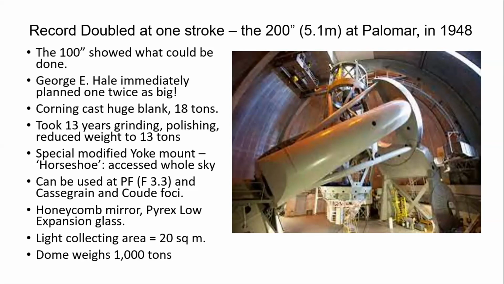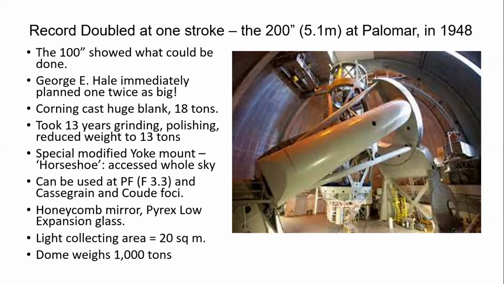If they wanted really detailed images, they would use the Cassegrain focus, where you have your instrument down here. And that's probably a big spectrograph or something. And there's also a Coude focus, which I'm not going to go into in detail, but it basically diverts the light out through one of the secondary declination bearings to a sort of a really solid pillar.